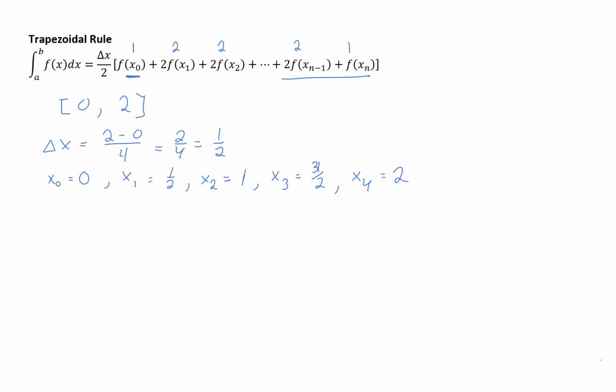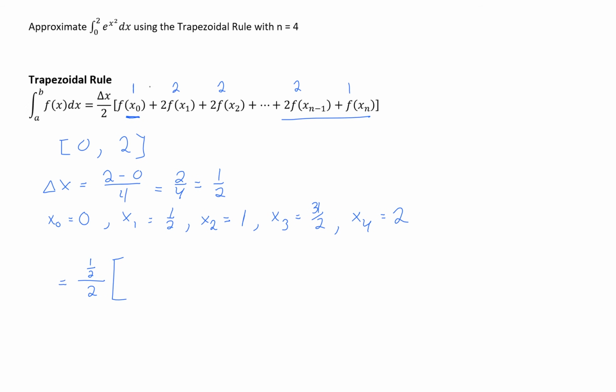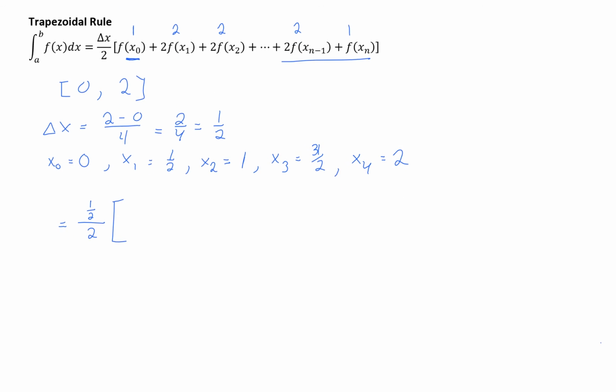So now we can start setting up the trapezoidal rule right from there. It equals the change in x, which we said is 1/2, divided by 2, so I'll leave it like that for now, times f of x, our function being e to the x squared.